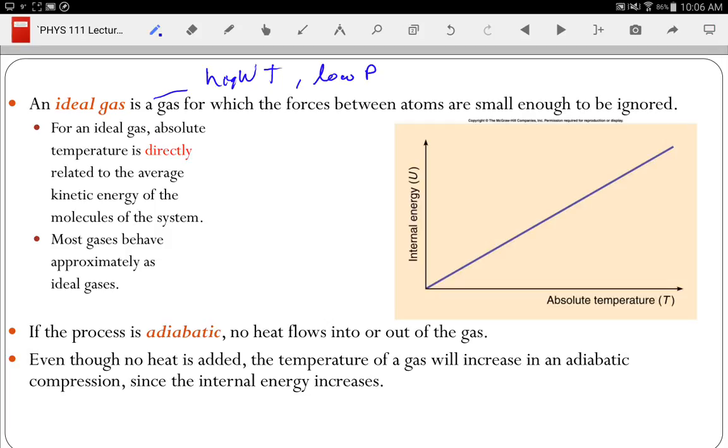If it's a monatomic ideal gas, to be exact, then the internal energy is equal to the number of molecules N times the average kinetic energy of the molecules. And for an ideal gas, the average kinetic energy is equal to 3/2 some constant multiplied by the temperature.